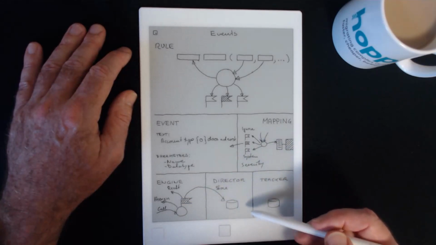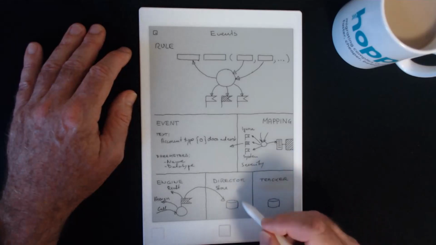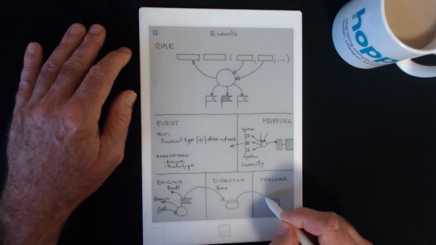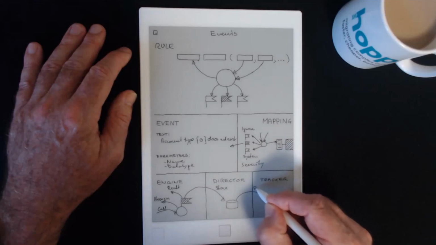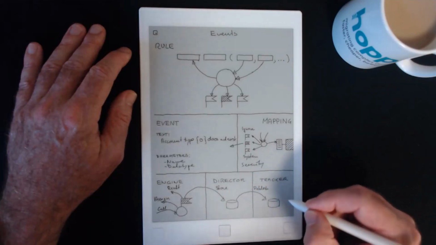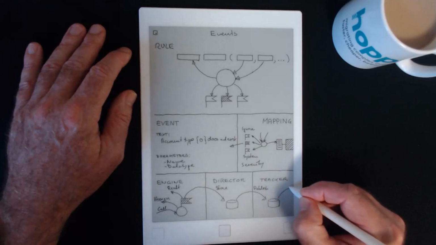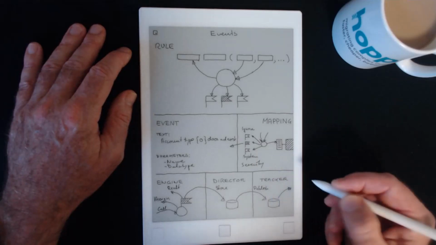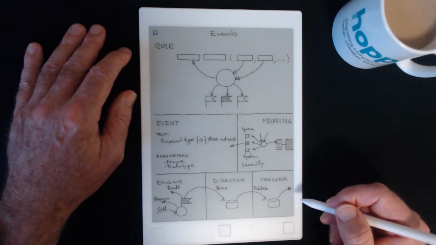When we are satisfied with the iteration, we ask the director to publish the events to the tracker. And this, at the end of the day, enables the tracker to present the events to your users.